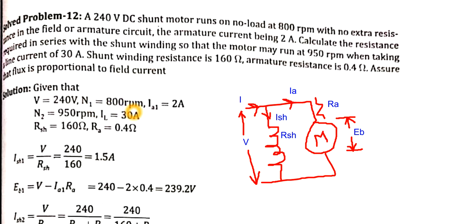For that speed, the armature current is Ia1, which is given as 2 amperes. For the second case, N2 is 950 rpm, and in this case the line current is mentioned as IL equal to 30 amperes. This is line current, that means it is nothing but I. You can consider it as IL or I. And RSH is 160 ohms, Ra is 0.4 ohms.